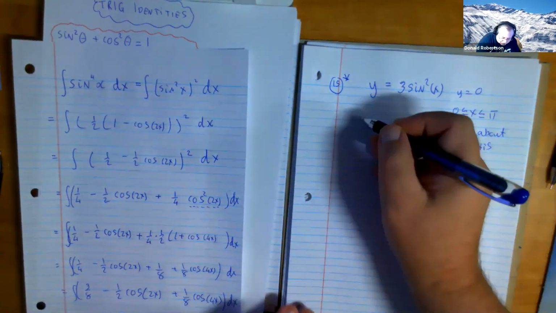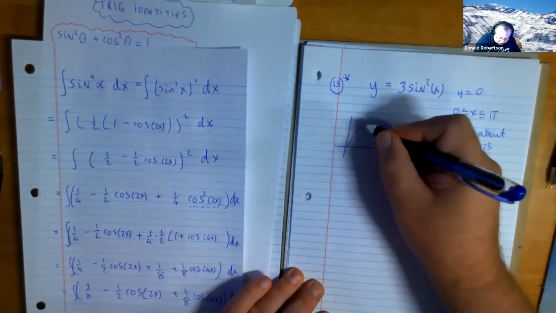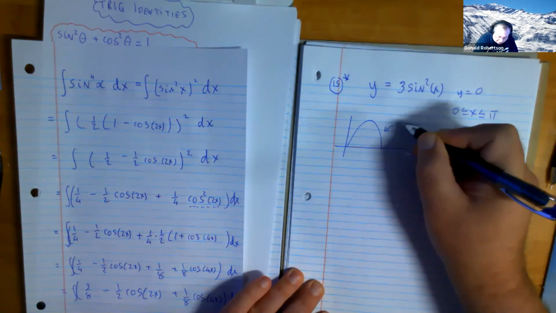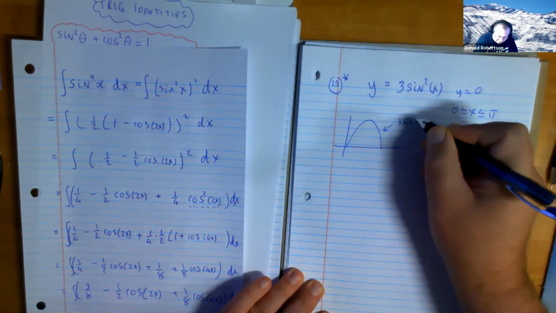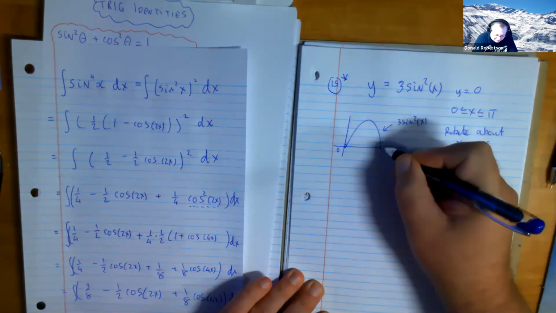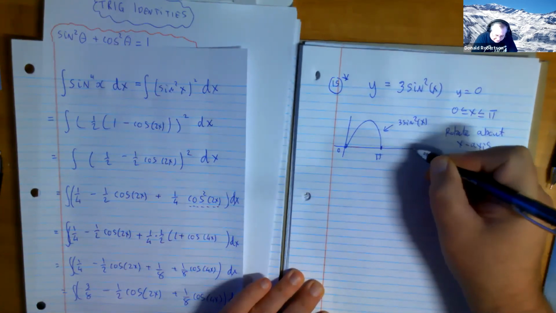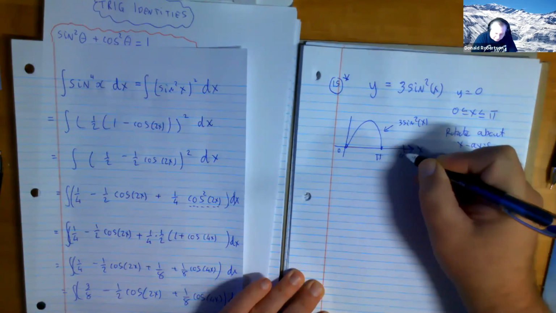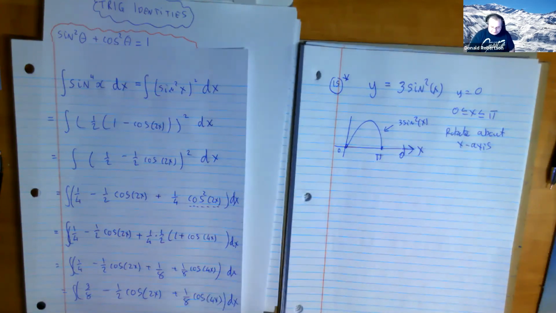Now, you just trust me on this. I know that looks like sine x, but it's also what 3 sine squared x looks like. And this is 0, and this is pi, and this is going to be the axis of rotation. Right.